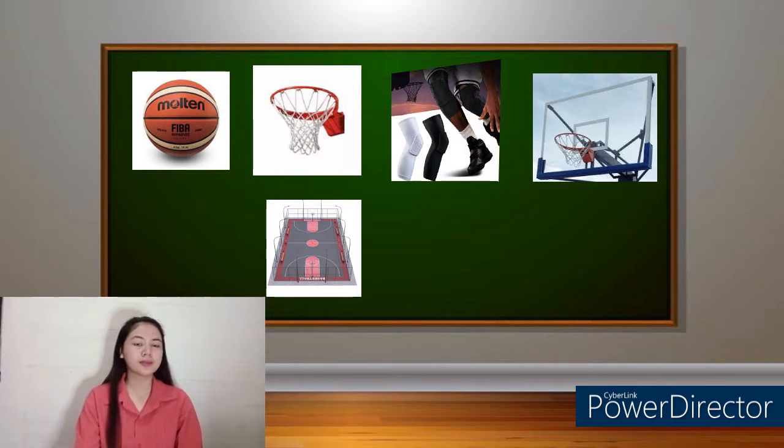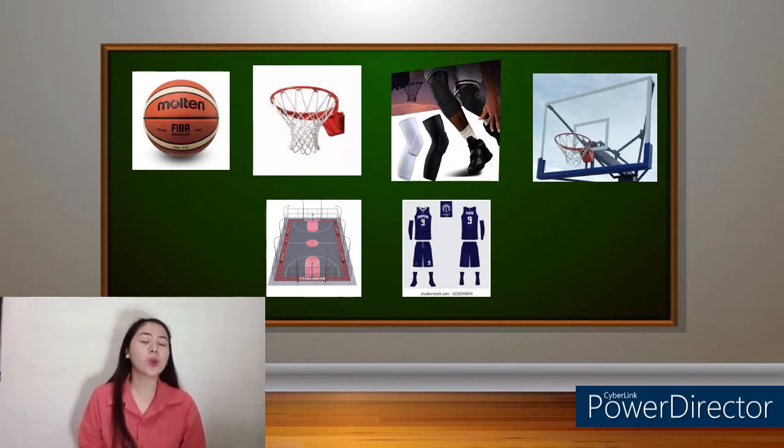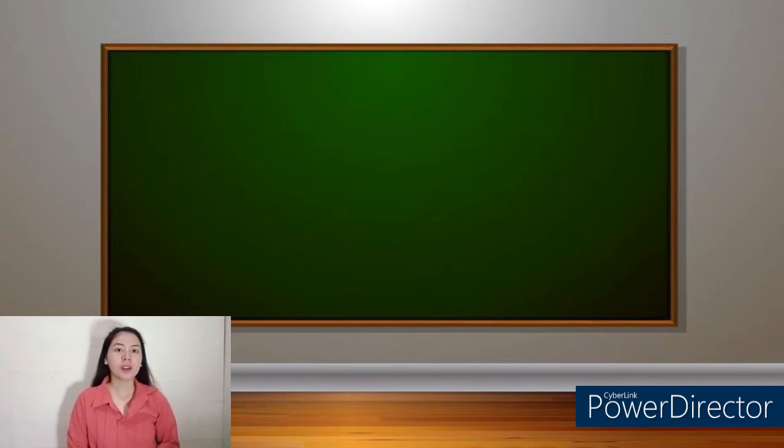Yes? That's correct. Okay. Very good, students. And now, what did you notice in the pictures and what are they for? Yes, stand up. You may take your seat. That's correct. That is equipment of basketball.